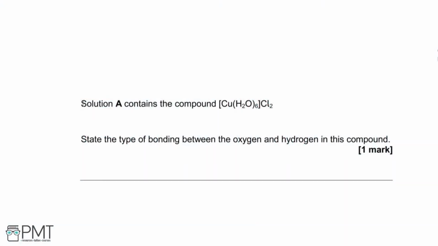For this question, we are told that solution A contains the following compound. We can see that this compound is going to be an example of a transition metal complex. And for this question, we need to state the type of bonding between the oxygen and the hydrogen in this compound.